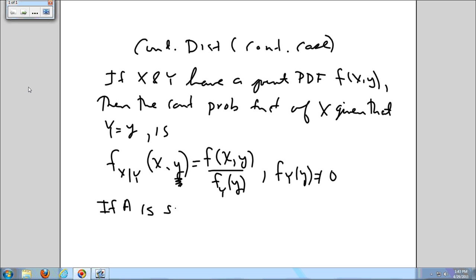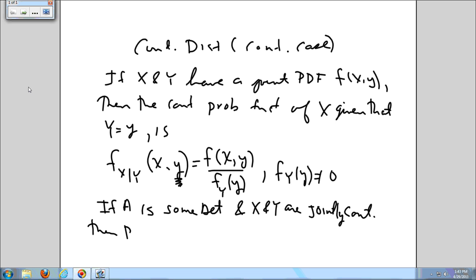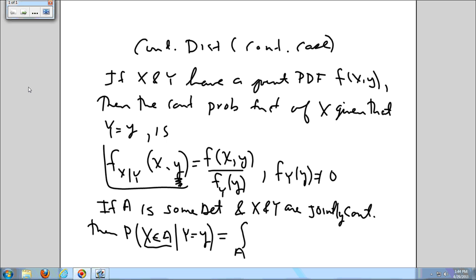If A is some set, and, like it says above, x and y are jointly continuous, then what is the probability that the random variable x is an element of the set A, given that y equals y?